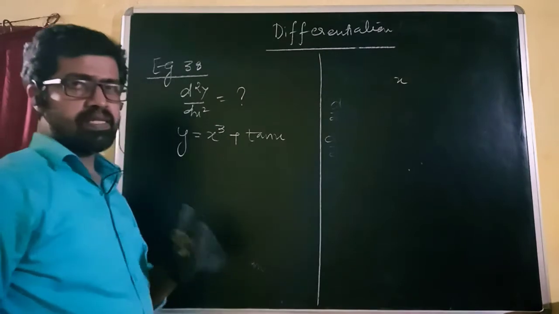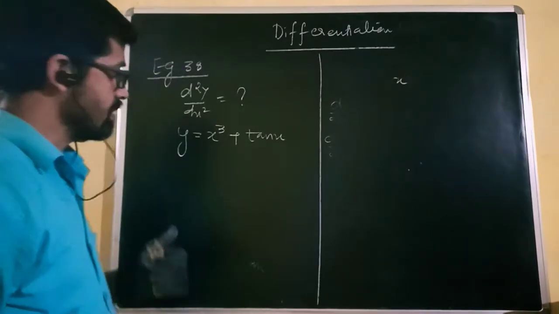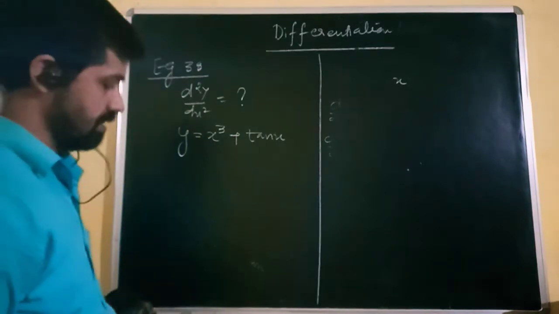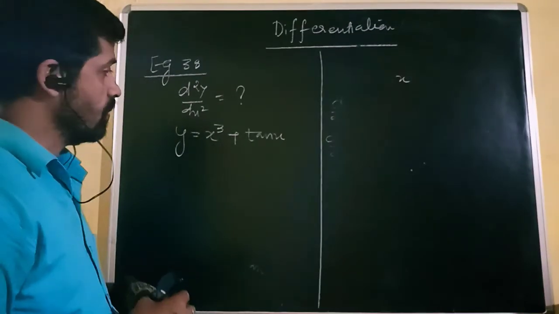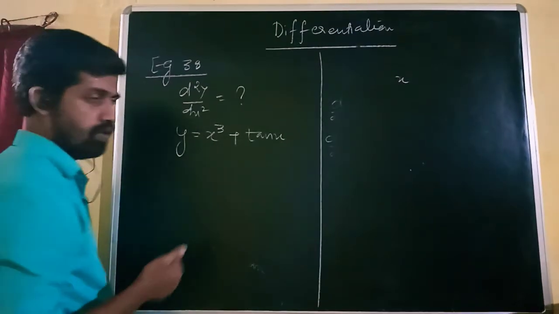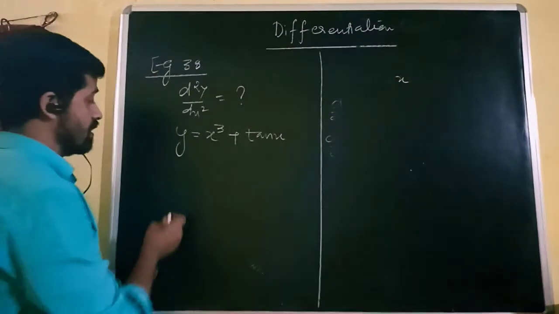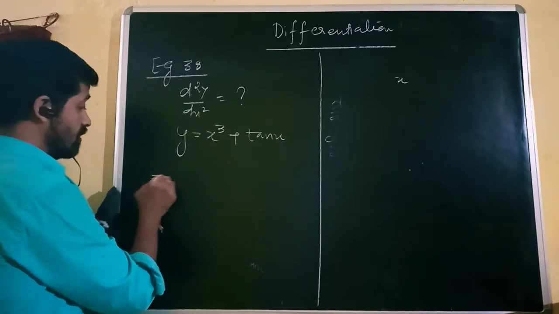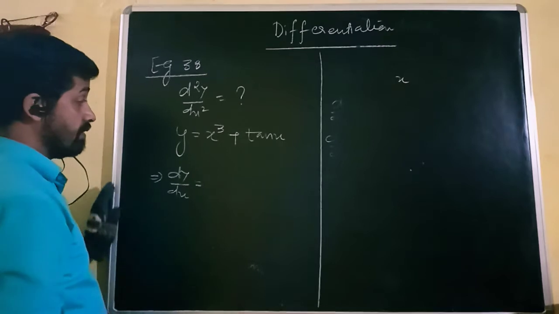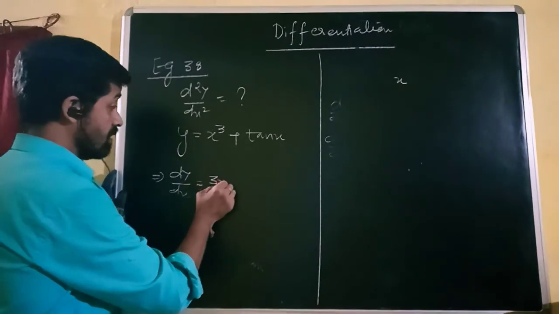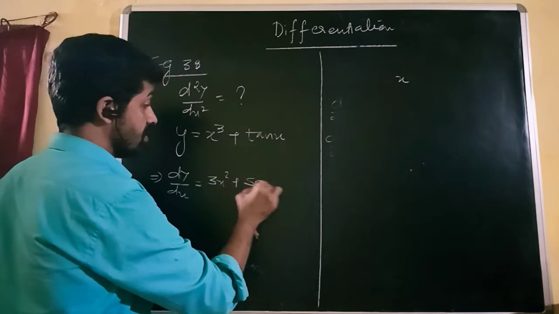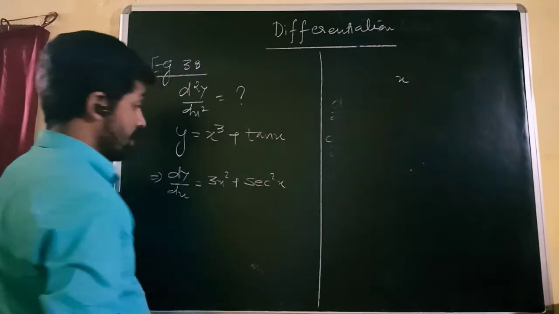It might seem very easy to you, and it is indeed very easy, because it does not have any squares or roots or log or composite functions. So go for the first order derivative. We find dy by dx equals 3x square, and 10x differentiation is sec square x.